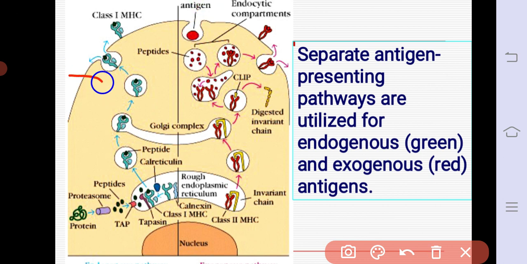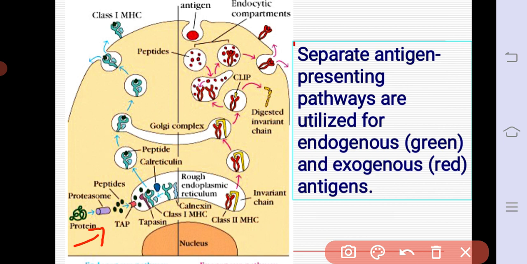The first step: the virus or viral particles enter. This is the first step for the MHC class first molecule. The viral antigen enters the cell cytoplasm.